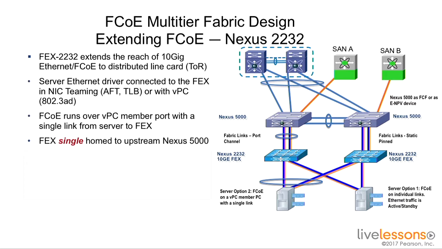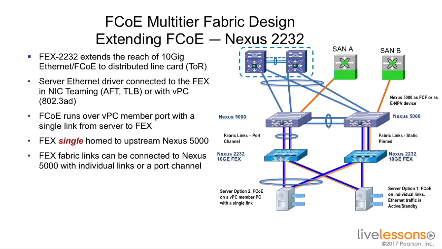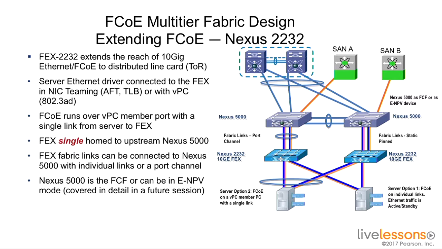As I mentioned before, the FEXs actually act as a remote line card, for instance, to the Nexus 5000 series switches. So all the configuration is actually done in the Nexus 5000, and what we do in that case, once again, we say one of the 5000s is responsible for SAN A, and we say the second 5000 is responsible for SAN B. And that way, once again, we can manage our two redundant fabrics even across our Nexus fabric extenders, which in this case act like remote line cards.